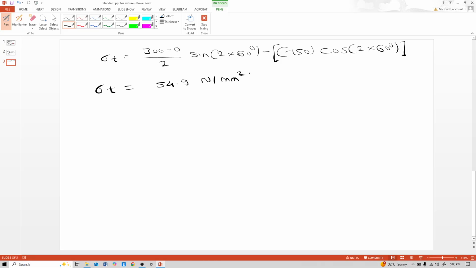Sigma n and sigma t are the stresses acting normal and along the diagonal.